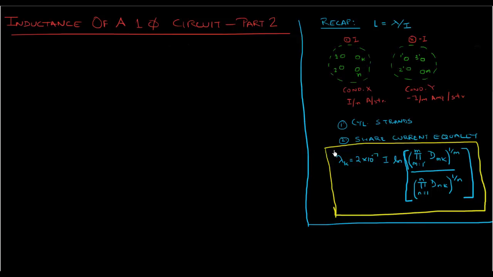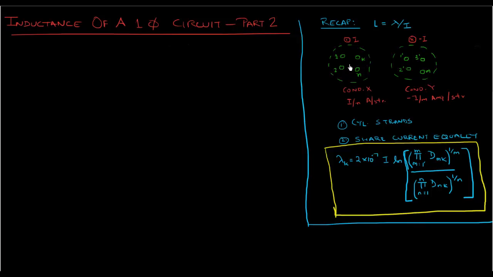What we then derived was the flux linkages for any strand k, which could be given as 2 × 10^-7 I ln of the product function capital pi, similar to how sigma is the summation function, of D_mk.